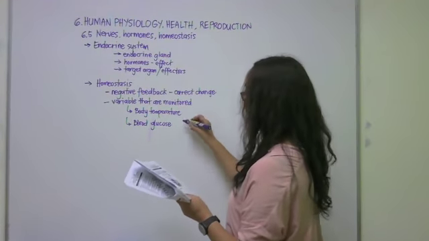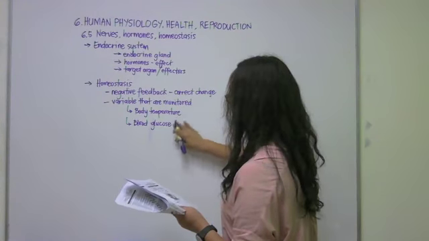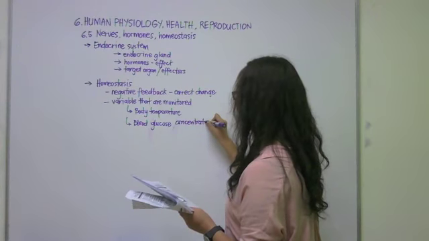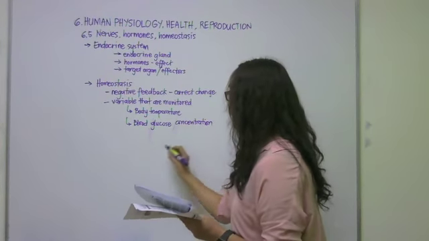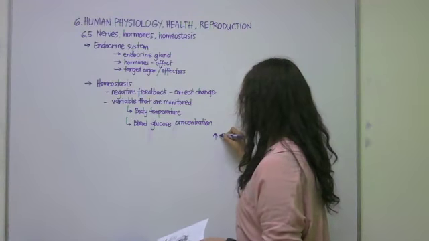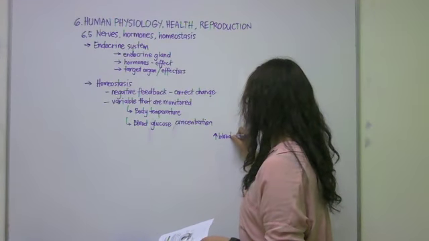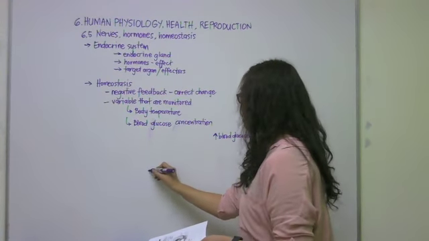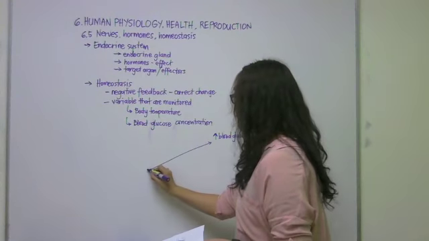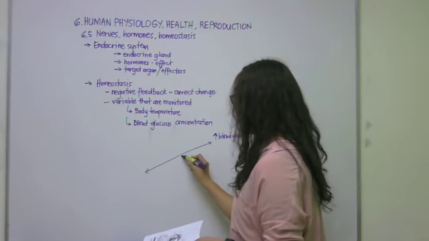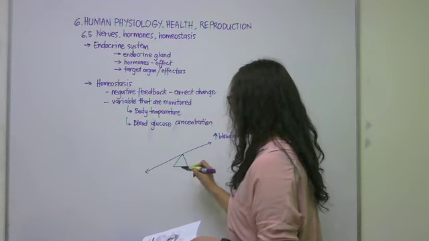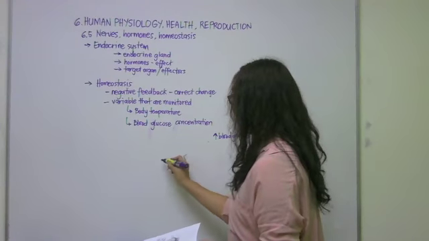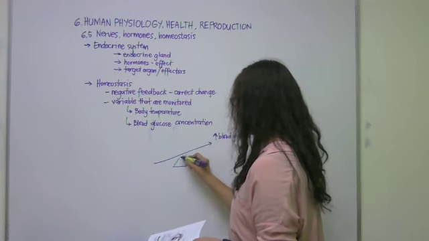So for example, in the case of blood glucose concentration, whenever the blood glucose is high, I usually use the seesaw approach, wherein, of course, in the seesaw there is an area that is high and an area that is low.